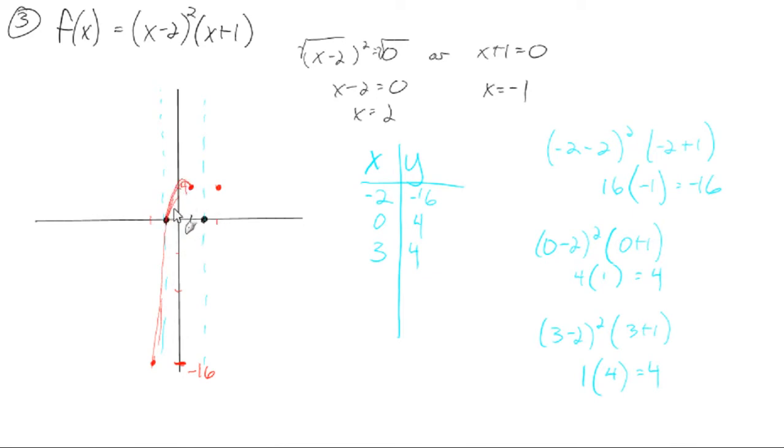It doesn't necessarily have to be at its maximum there. And then it comes down, and then does it cross? No, because if it did, then all the other points would be down here, but we know they're up there. Okay, so there we go. There is a graph of that polynomial. At least a rough one, but a pretty good one. It gives us a pretty good idea of what that looks like.